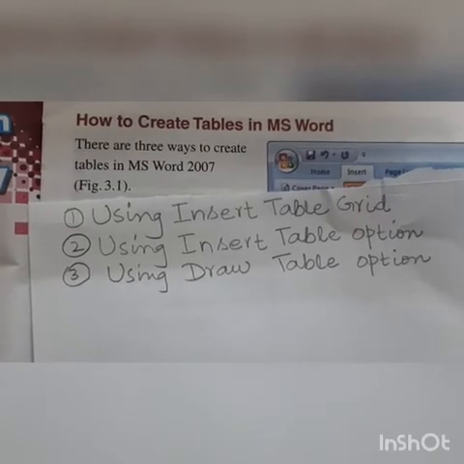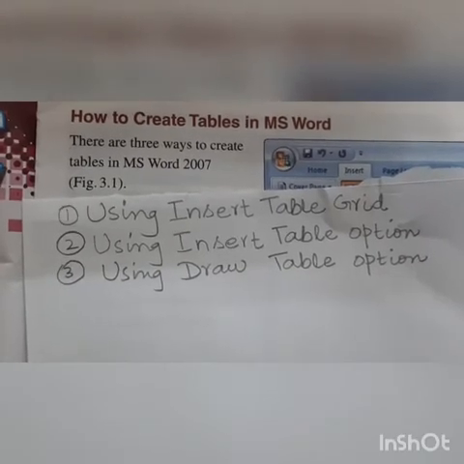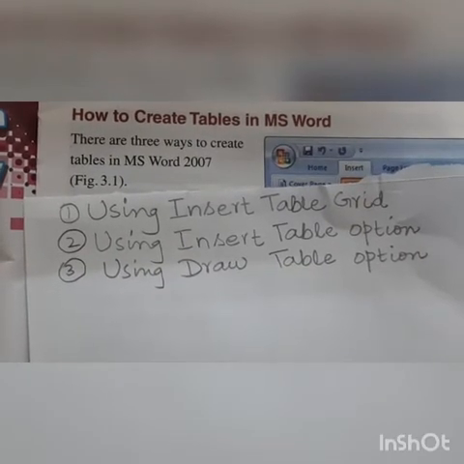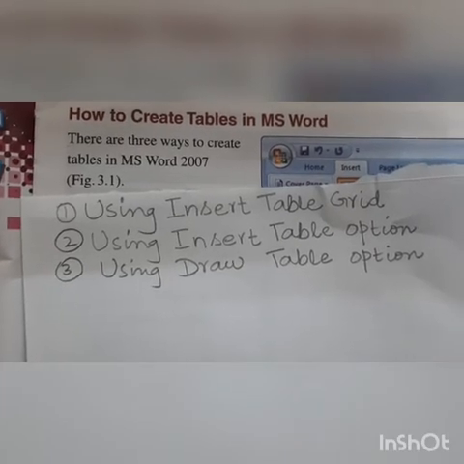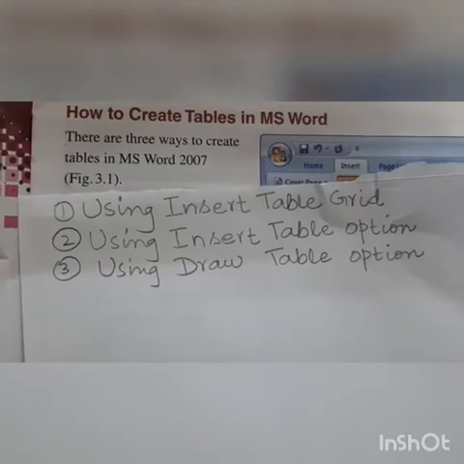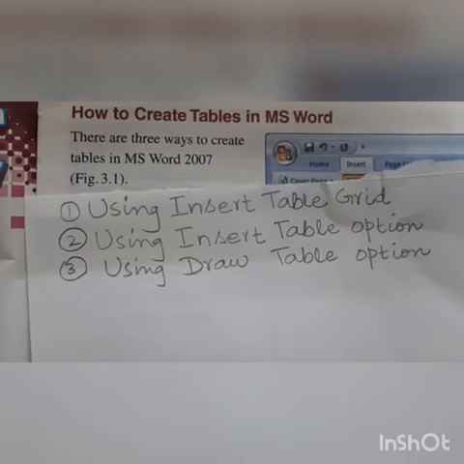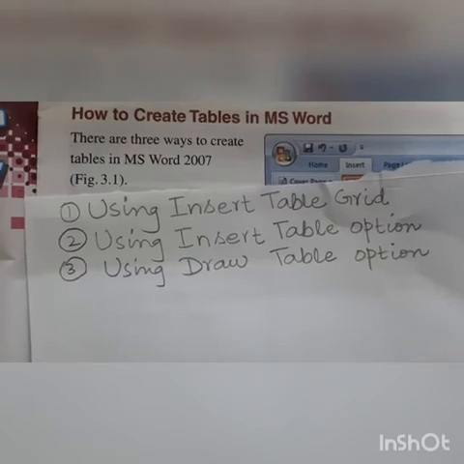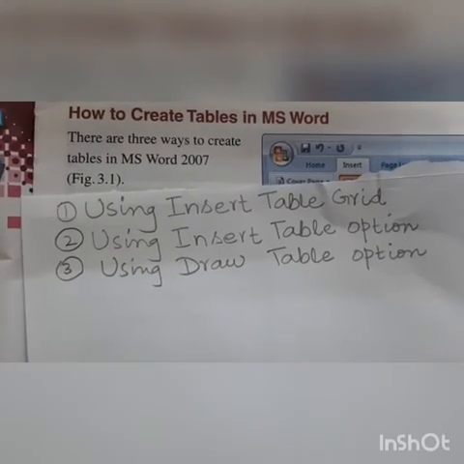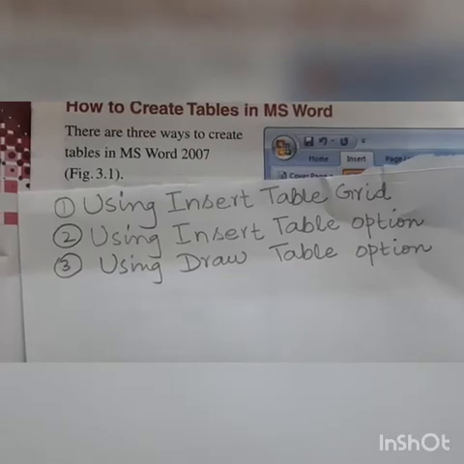Again we will recall. There are 3 ways to create a table in MS Word 2007: using insert table grid, using insert table option, and using draw table option.